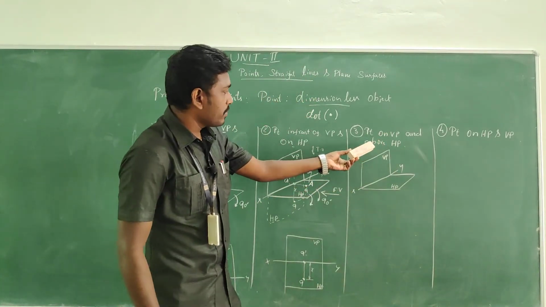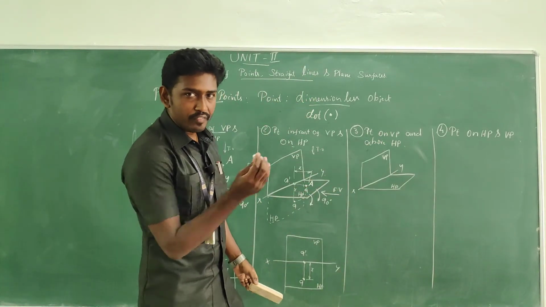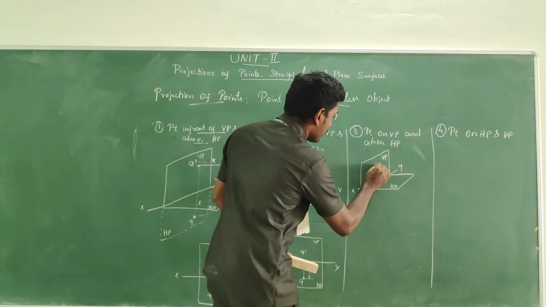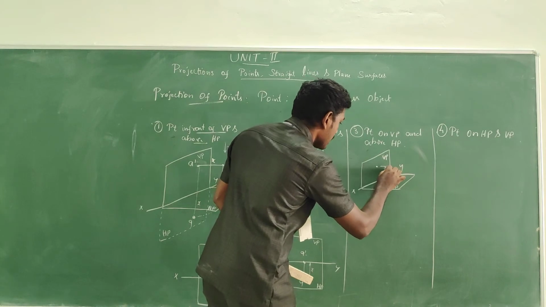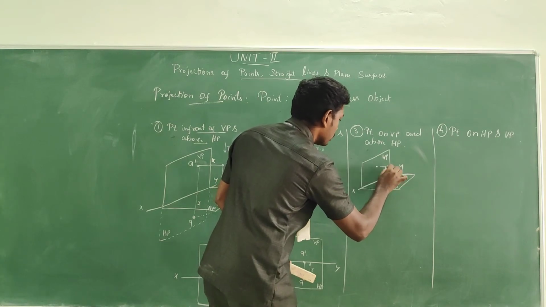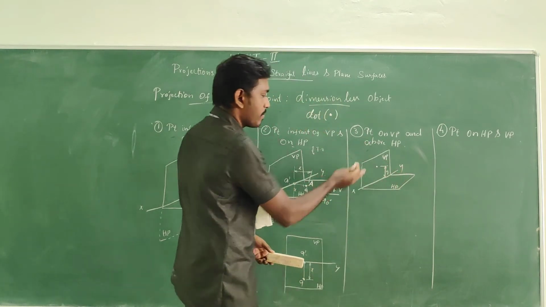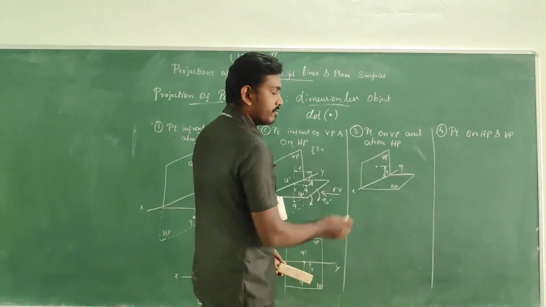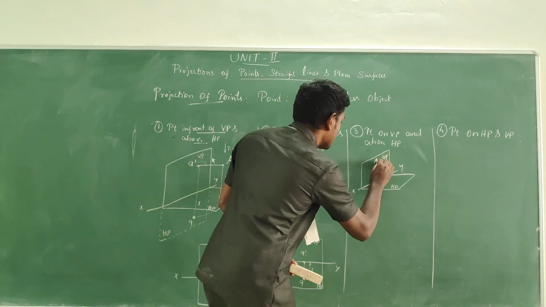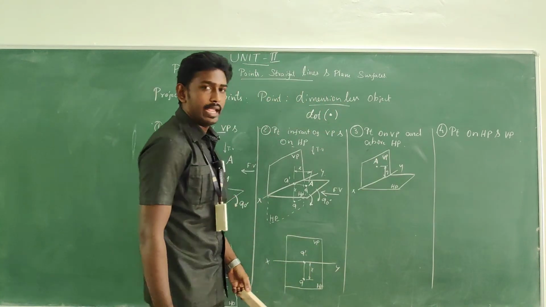Point on VP and above HP. It should be on VP. So on the VP I have kept it, and think about this height. It is with Y. It is above HP and on VP, right? So this is the exact position for the point A.